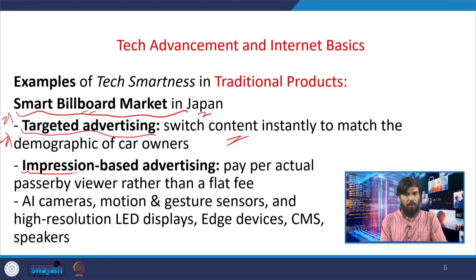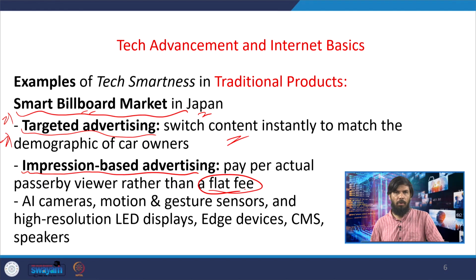Then another model that we can see is impression based advertising. There are lots of traditional billboards, and the traditional model for a traditional billboard is a flat fee model. People want to display their ads, so that ad will be displayed and there would be a flat fee, right. It could be a traditional billboard, it could be physical also, it could be displays also, but here we are talking about the smart ones.